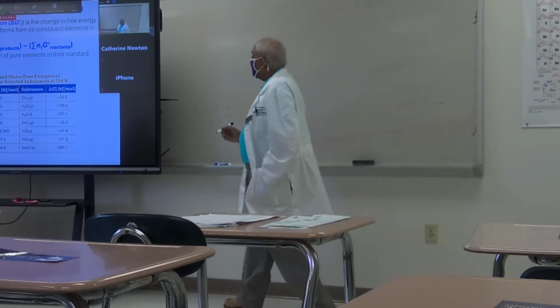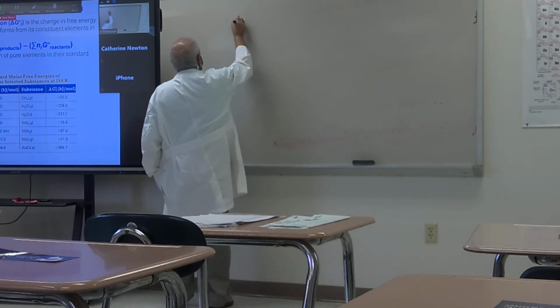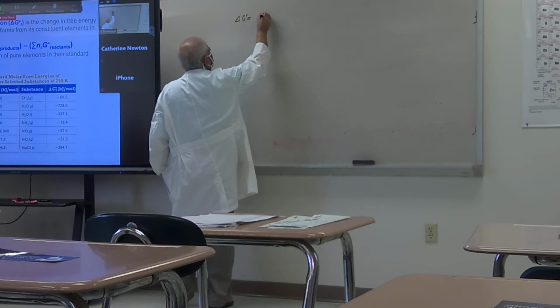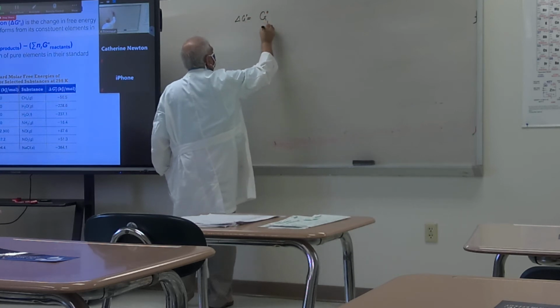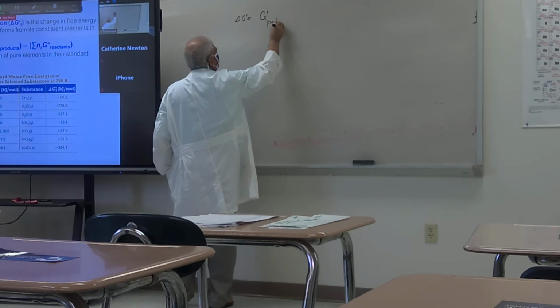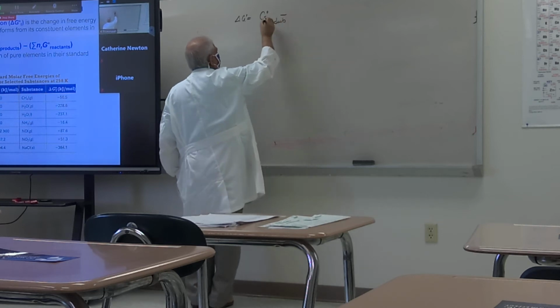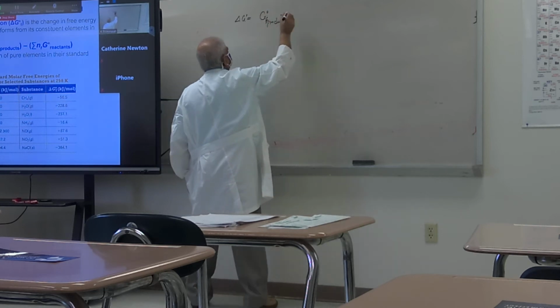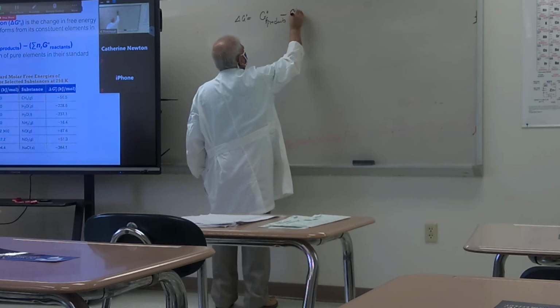For a reaction, delta G0 equals G0 of the products minus G0 of the reactants.